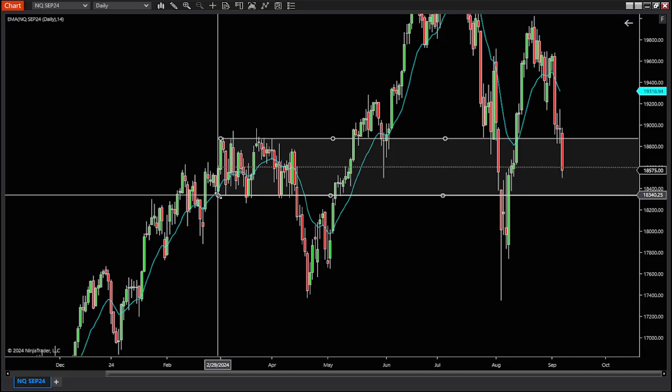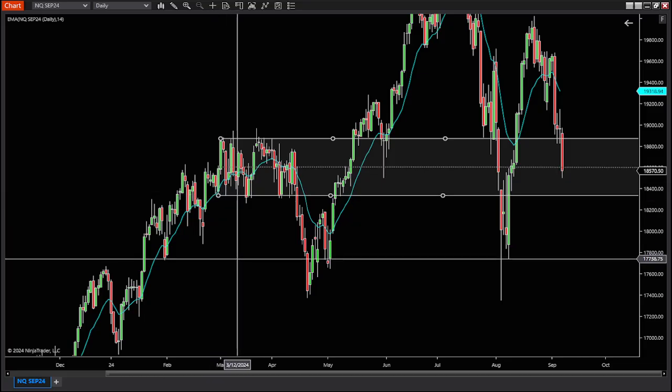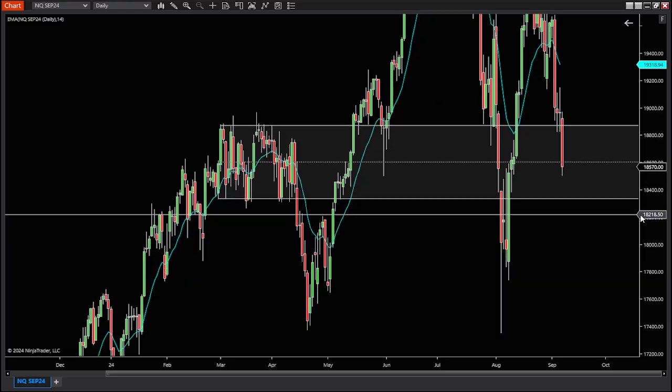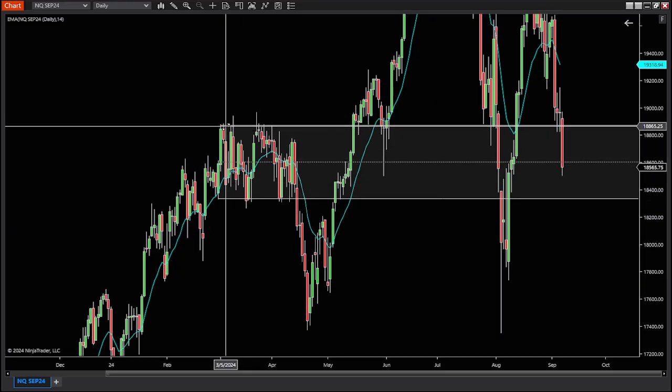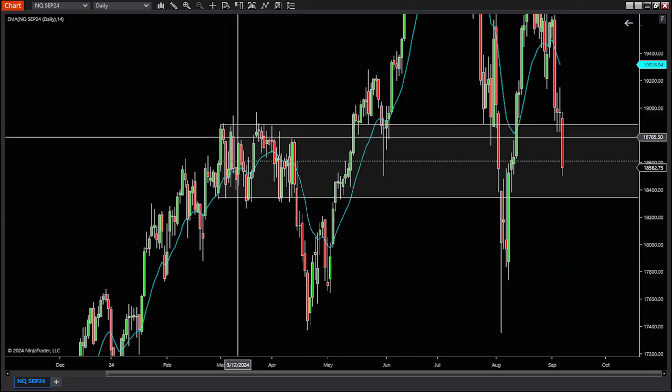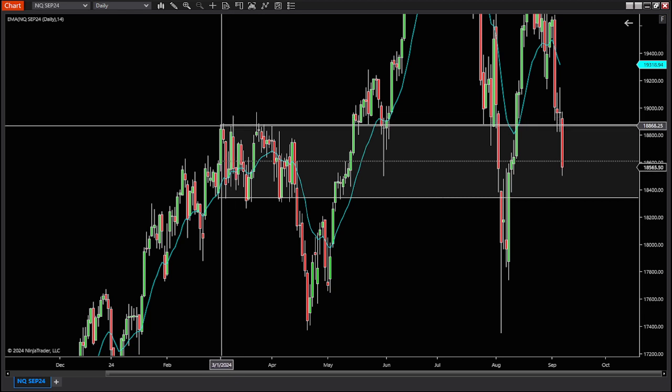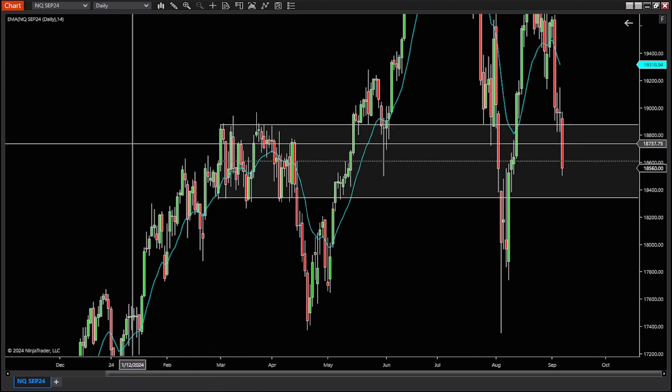So this is a little bit higher. I like right about there. So what I look for is I look for the level to break to the upside here.